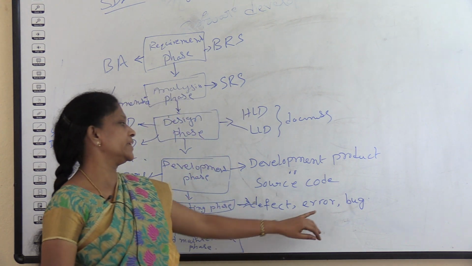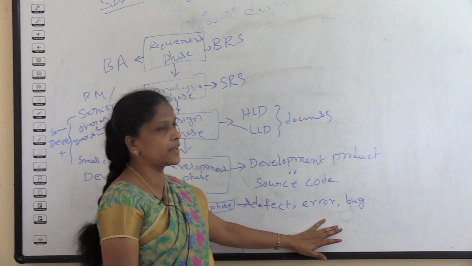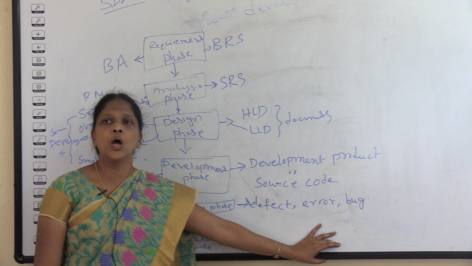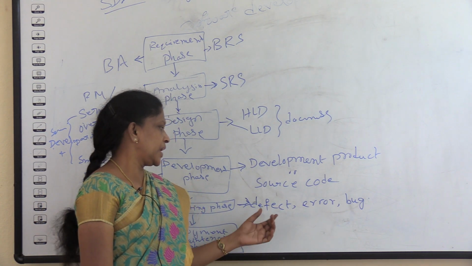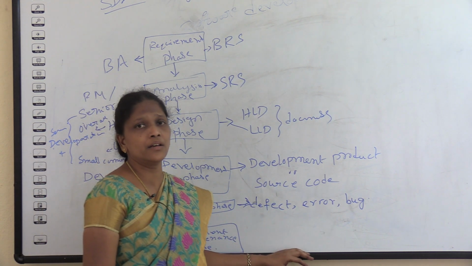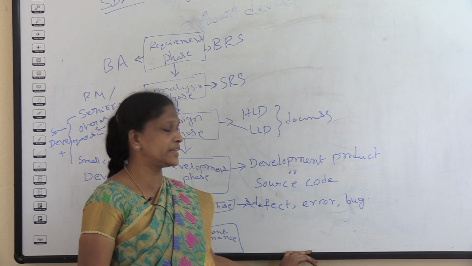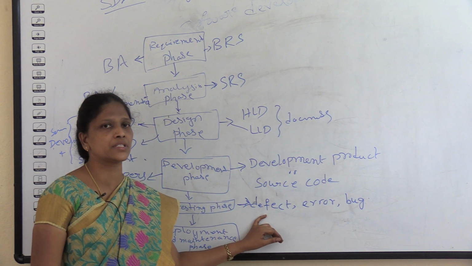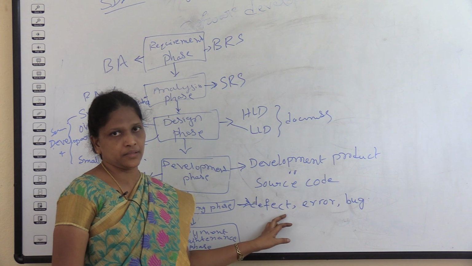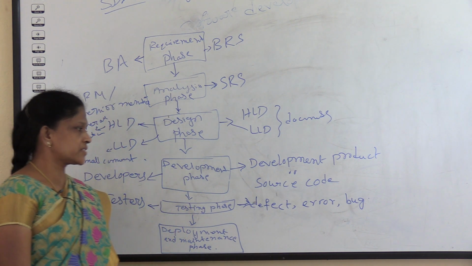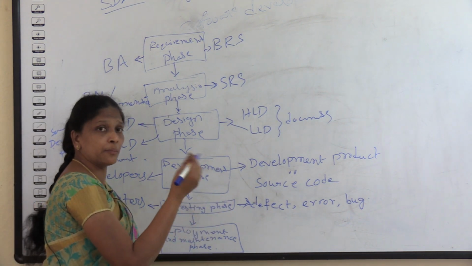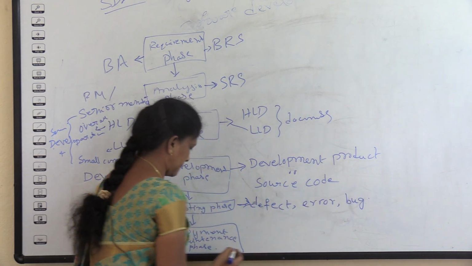What is the difference between error, defect and bug? Error is any mistake found in the coding. While testing, testers will find any mistake, and that is called a defect. A defect accepted by the developer is called a bug.